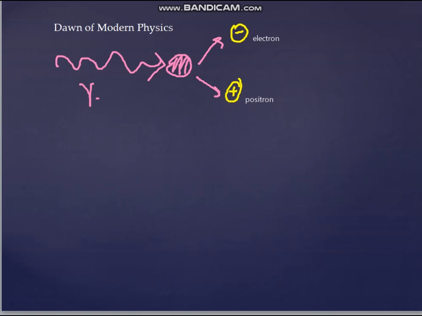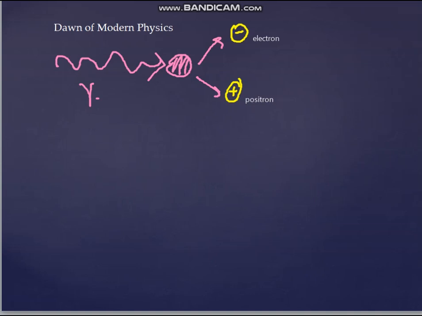Okay, what does that mean? An electron has an energy of 0.511 mega electron volt, and the energy of a positron is also 0.511 mega electron volt.